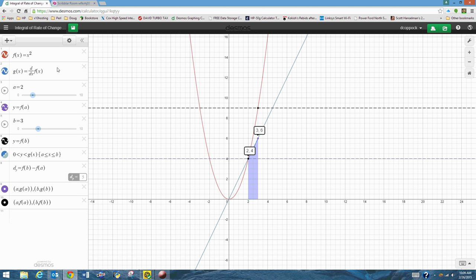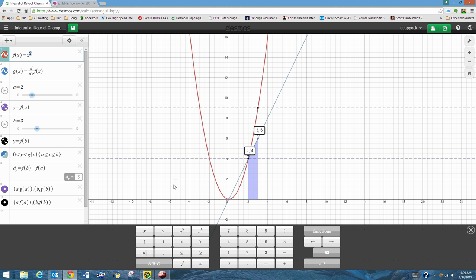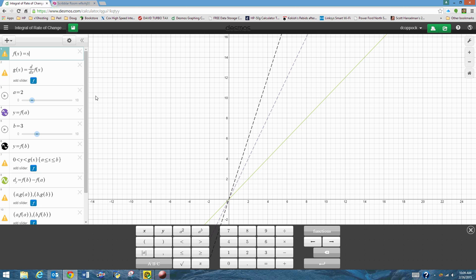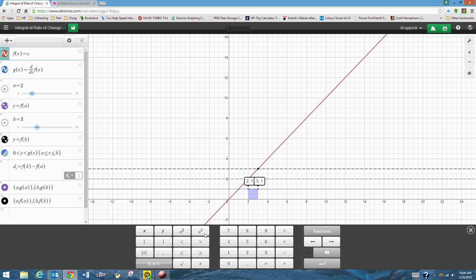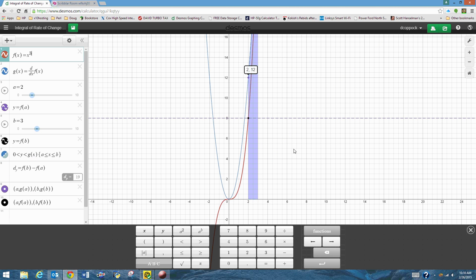of course, if we change this to x cubed, now the rate of change function is 3x squared, another parabola.